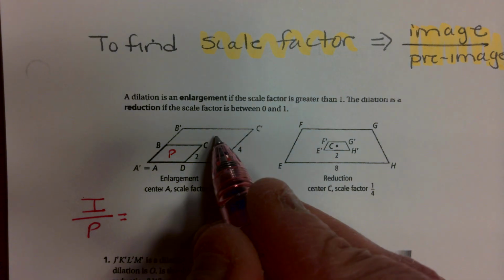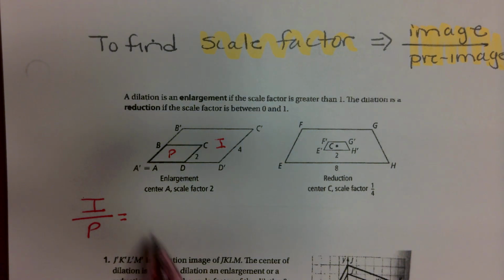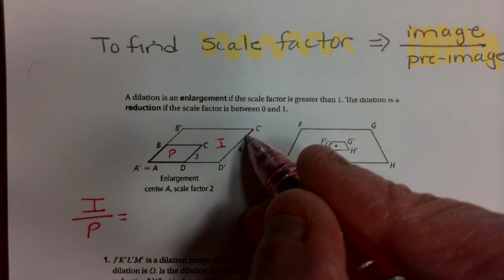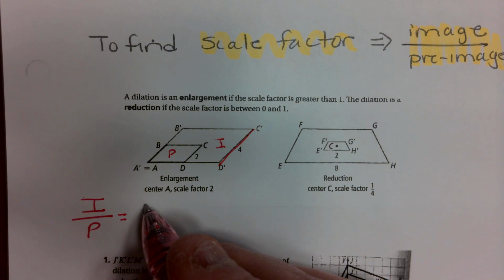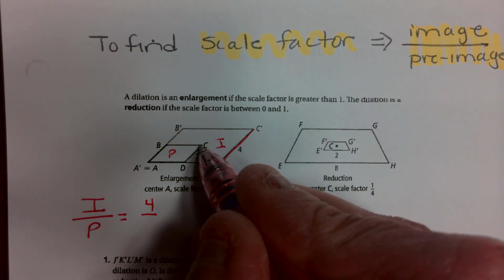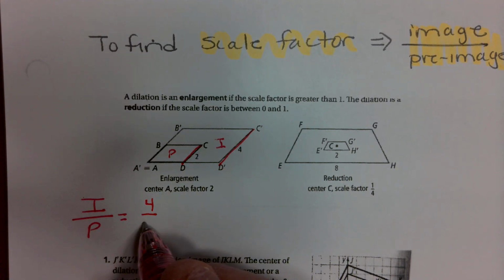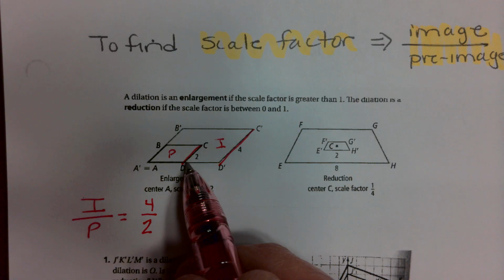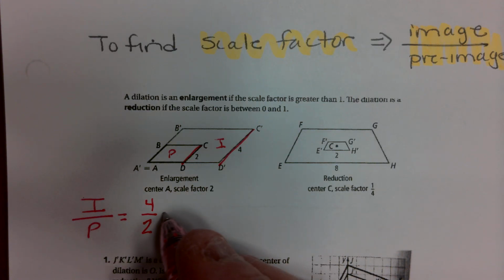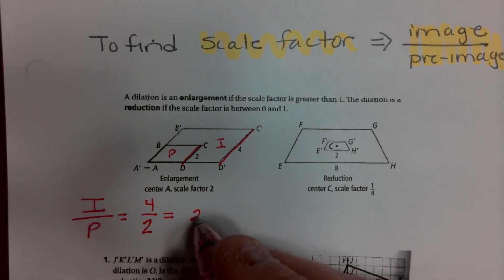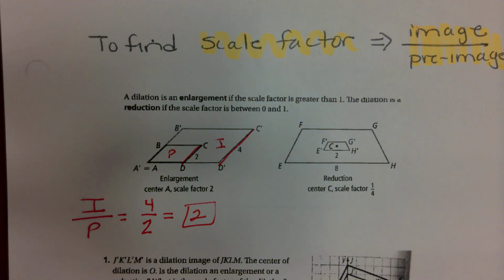And this big one with the primes is my image. So I want the image one over the preimage. So I notice I have two sides. I have this side, and that's part of my image, so I'm going to put it there. And that's over my preimage, which is 2. And those are corresponding sides. So my scale factor is 2.